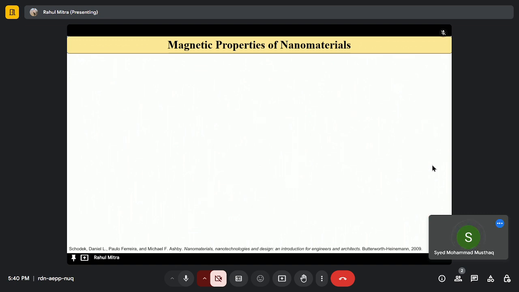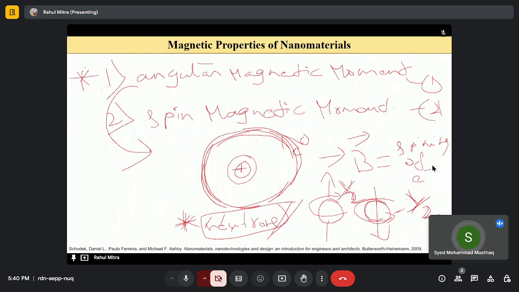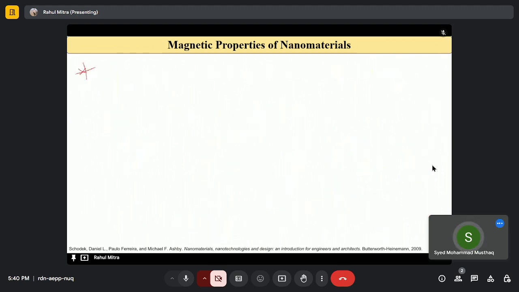Now, from the explained spins, we arrive at different types of magnetic behavior of materials.